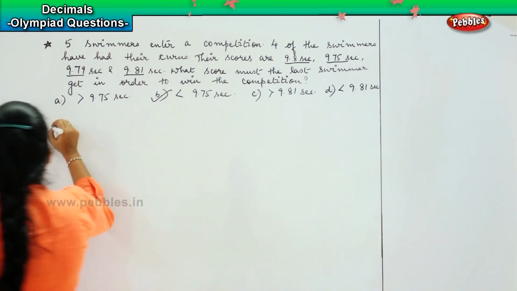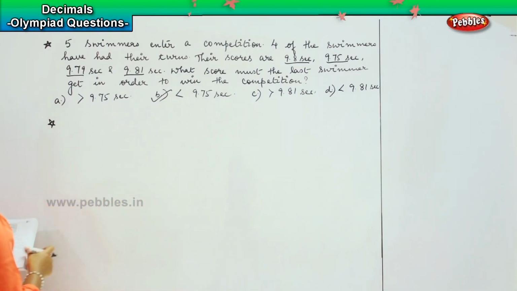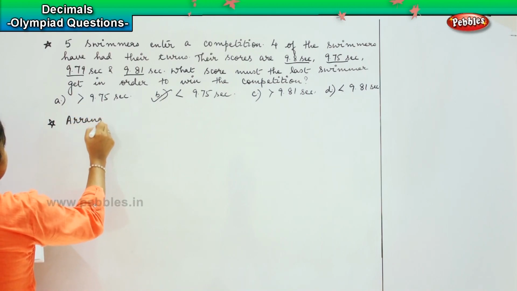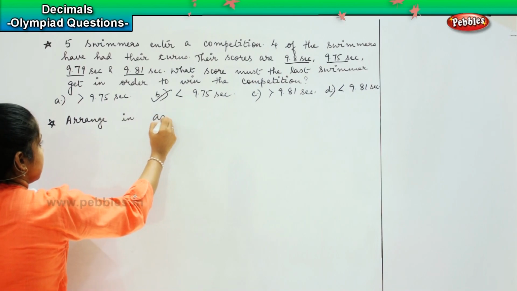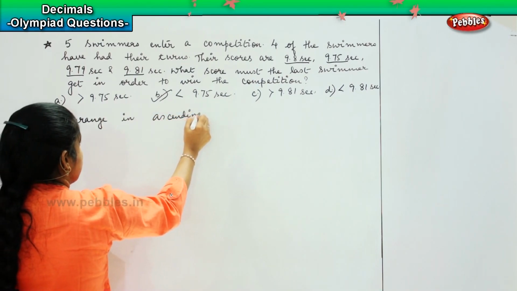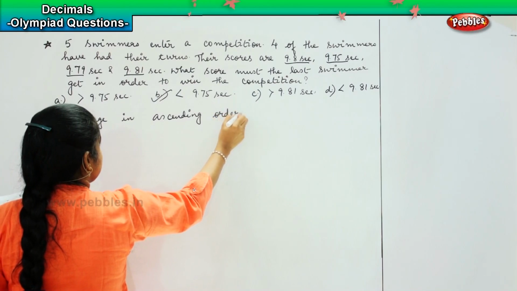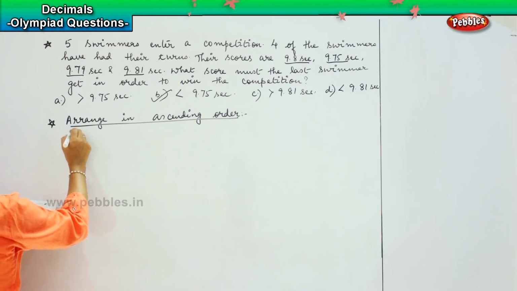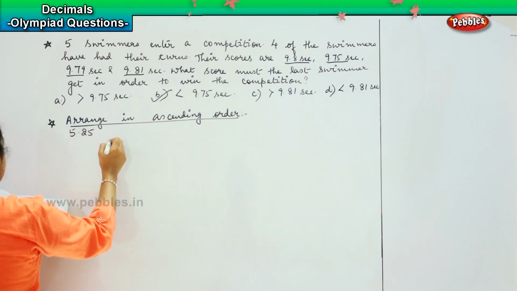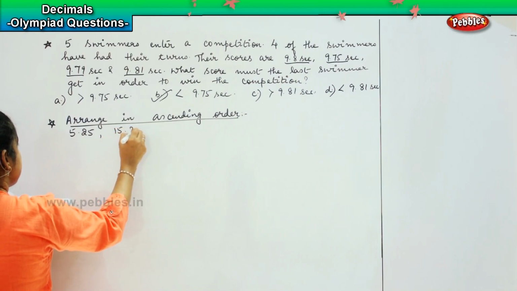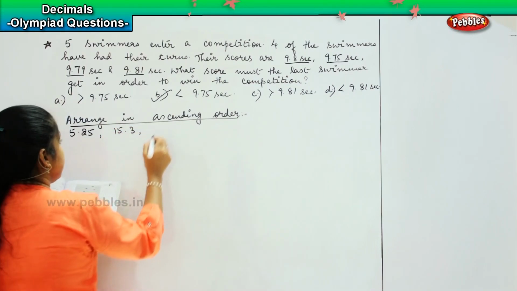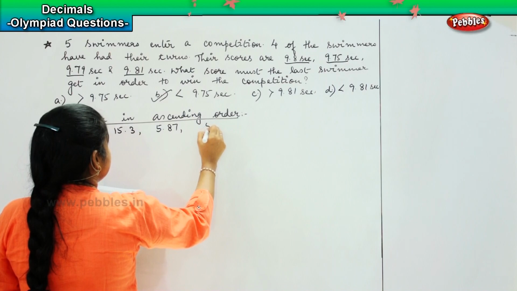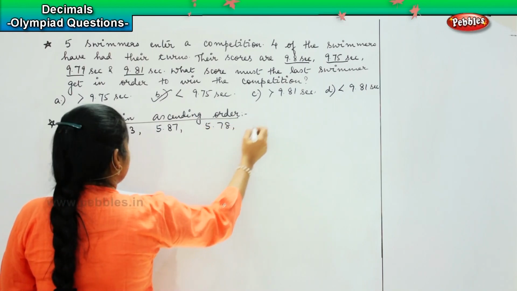Okay. So the next question is: arrange in the ascending order. The numbers are 5.25, 15.3, 5.87, 5.78, and 5.2.